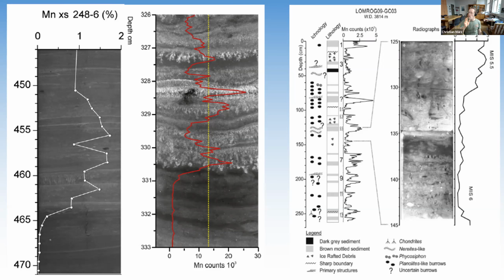And most, I have to say, of the manganese layers show this very strong bioturbation, and that's a picture here on the right. It doesn't tell me very much, but I was working with Ludwig Löwemark, who is an expert in ichnofacies, and they are very pervasively bioturbated by different types of organisms. So really the degree of bioturbation or the lack or presence of bioturbation can tell you a lot here.